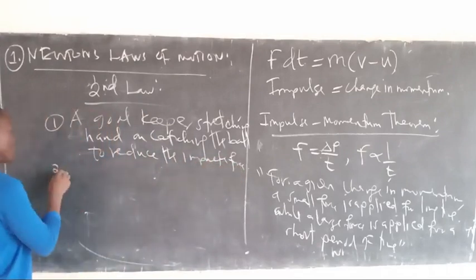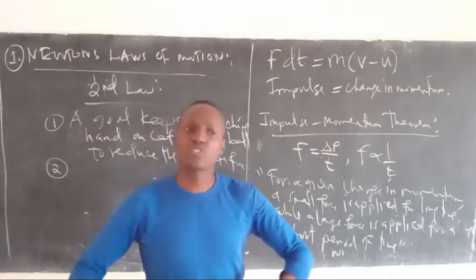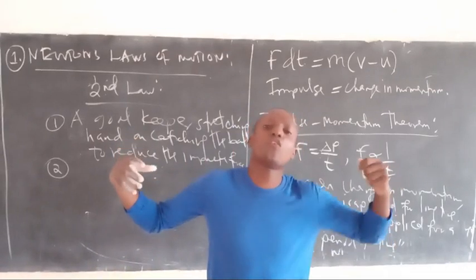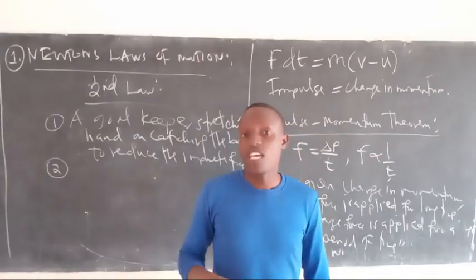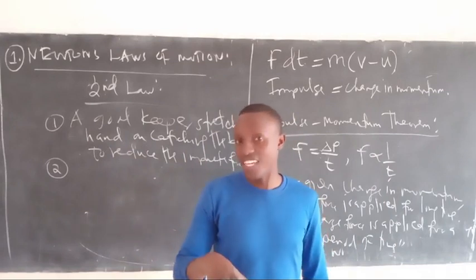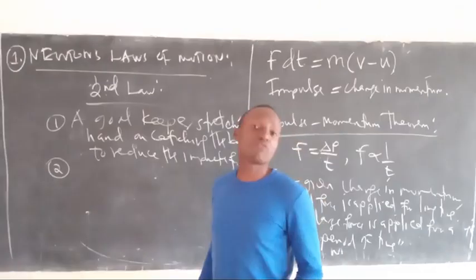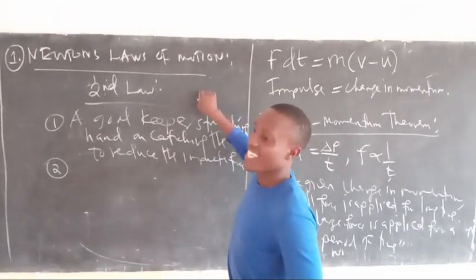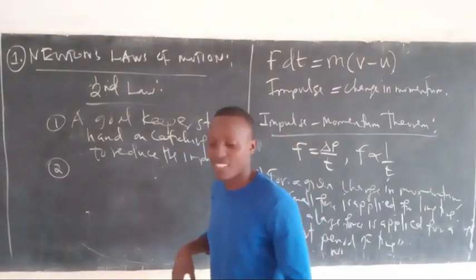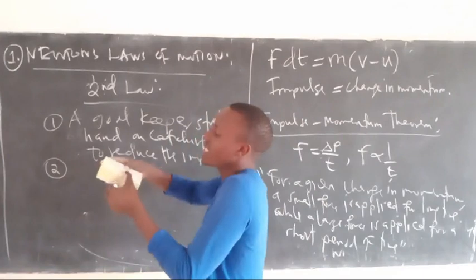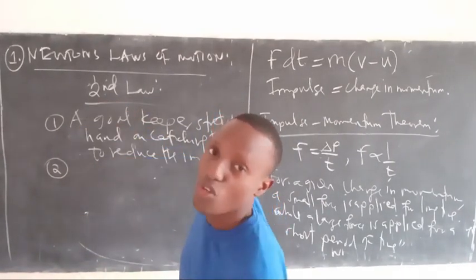Let's speak about number 2. It's easy and comfortable to sleep on a mattress or on sand than on a concrete surface. If you sleep on the floor, on a concrete surface like this one, after a time you just feel pains because this one doesn't allow the impactive time. It doesn't squeeze, but a mattress like this, when you sleep here, it squeezes, so it increases the impactive time for you to collide.